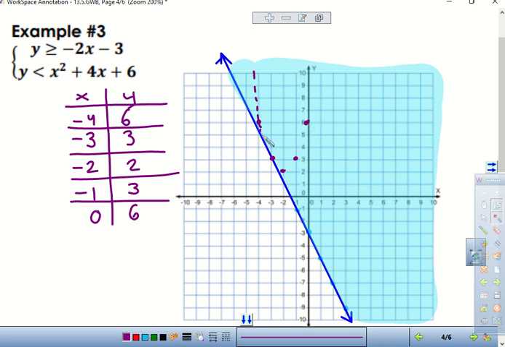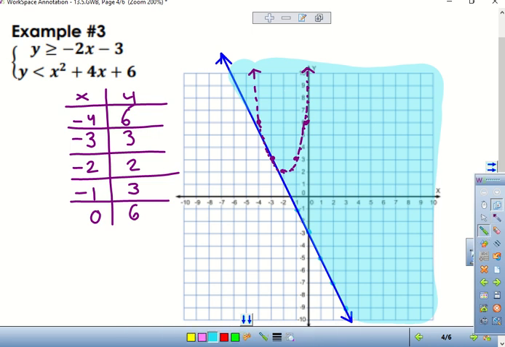And it's going to be dashed. And what direction am I going to be shading here? Above or below?